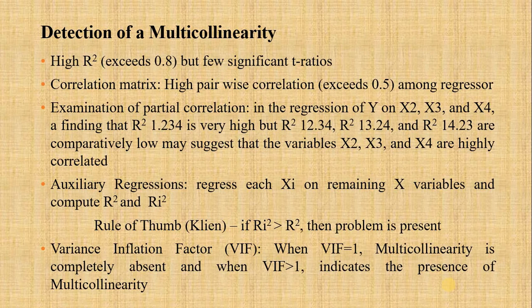If your R square exceeds 0.8 and T stats are below 2, where 2 means the critical value of the T statistic at the 0.05 level.